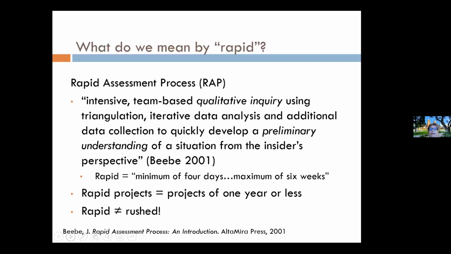So we know, in implementation projects for example, that there are different phases, and you might think about each of those phases as a rapid piece of the cycle of your work. But we don't mean rushed when we're talking about rapid. We still want to be rigorous. We still want to really pay attention to quality and pay attention to nuance and the detail that comes out of qualitative work.